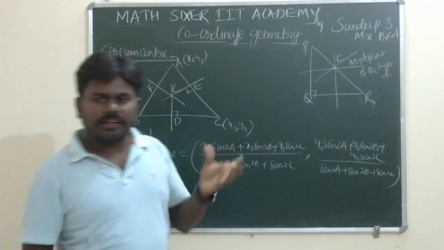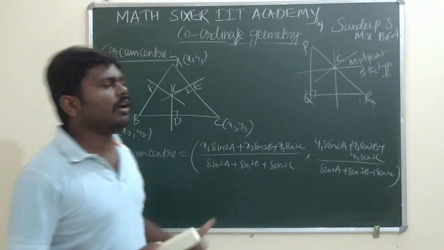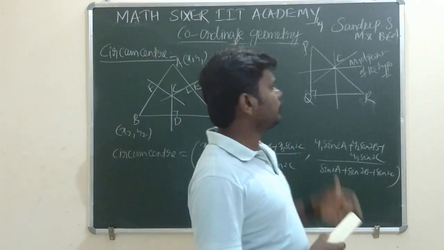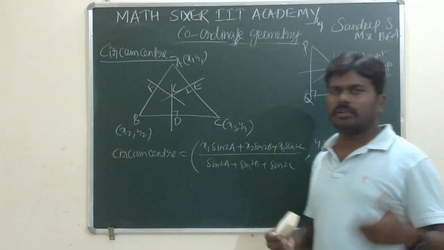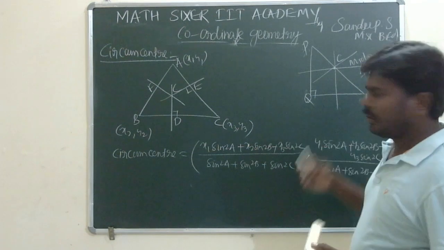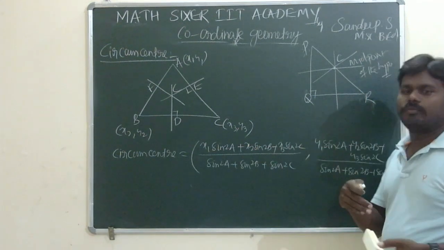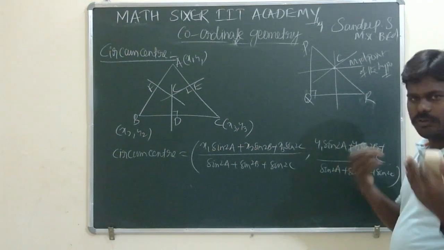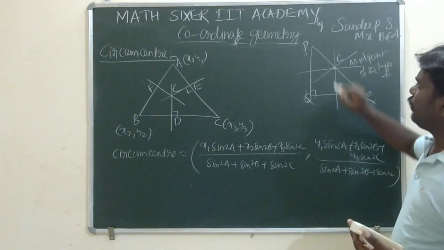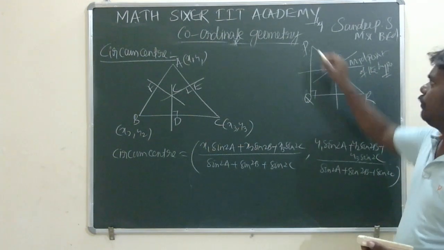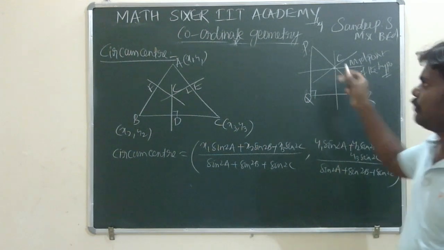So whenever the vertices are given to you, first of all we have to check whether with the given vertices we can form a right triangle or not. If with the given vertices we can form a right triangle, then we can simply find the midpoint of the hypotenuse, and that is the circumcenter.